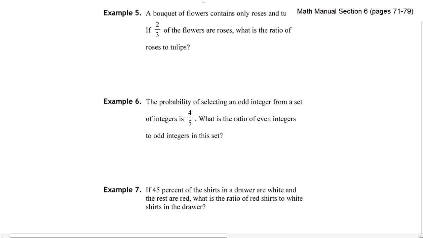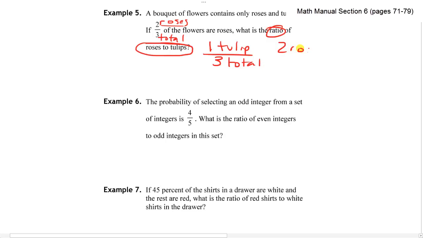Number 5, we've got roses and tulips, and 2/3 of the flowers are roses, so this is 2 roses out of 3 total. Now they want the ratio of roses to tulips. So if there's 2 roses out of 3 total, that means there's going to be 1 tulip out of 3 total.